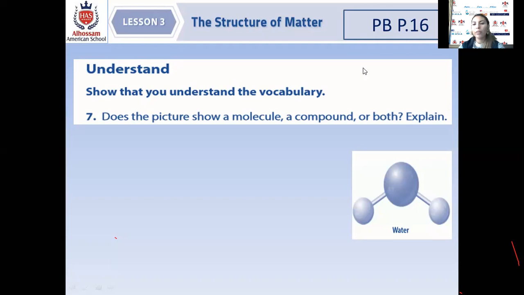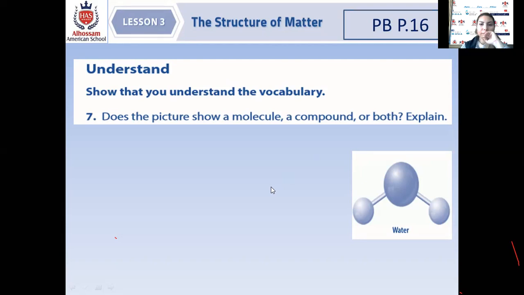So it's a compound because it's formed from different atoms. Compound means this molecule consists of different atoms. And it's also a molecule because it consists of more than one atom.